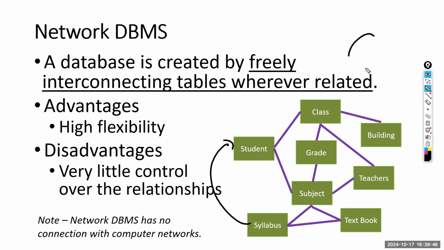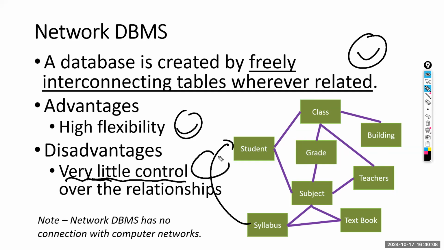So that is a good thing. High flexibility. But now, because this is the other extreme, there's no control or very little control. Because we need a bit of control also. Now, we like flexibility, but we don't want to lose complete control. So therefore, the disadvantage, because this is the other extreme, you lose control. You don't have any control, sort of. Because this is the other extreme situation.